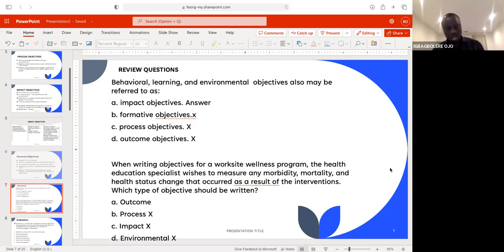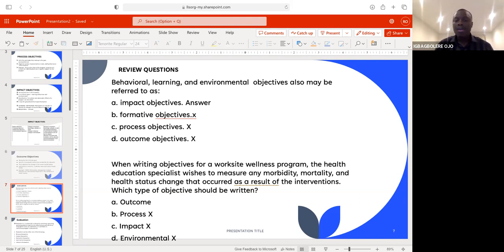So, second question. When writing an objective for a worksite wellness program, the health education specialist wishes to measure any morbidity, mortality, and health status change that occurred as a result of the interventions. Which type of objective should be written? Remember, I told you when you see a question like this, you ask yourself, what are the key parts? What are the key components, right?